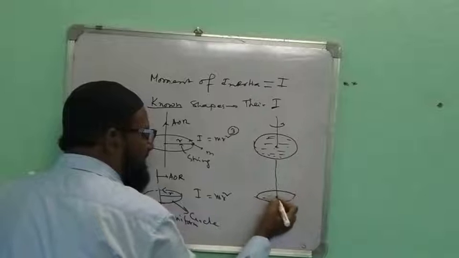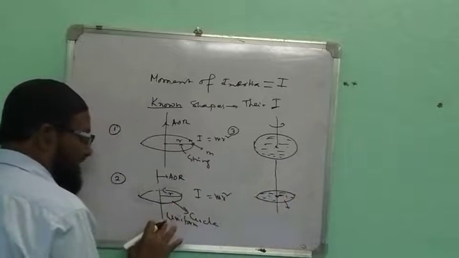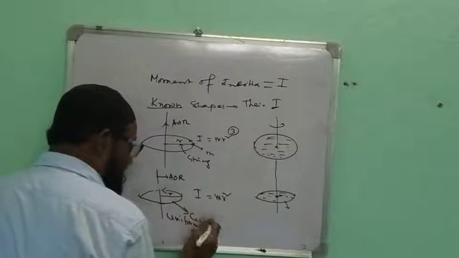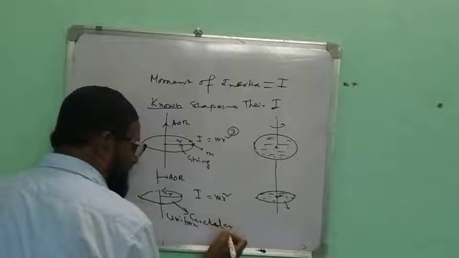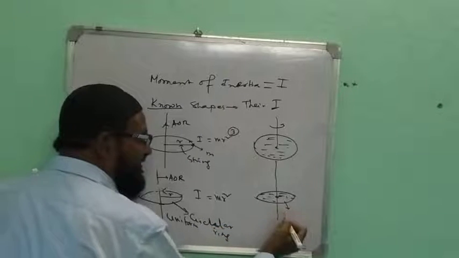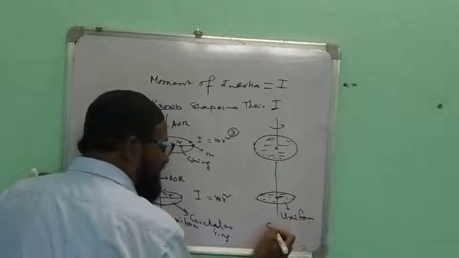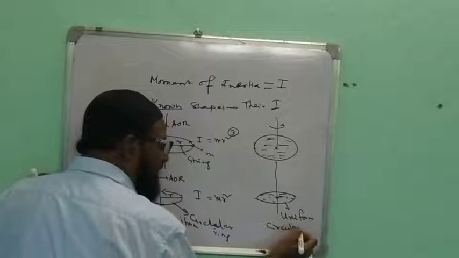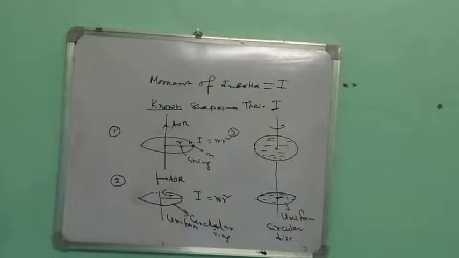This is the center, and this is not the uniform circular ring. This is the ring, and this is a uniform circular disc.